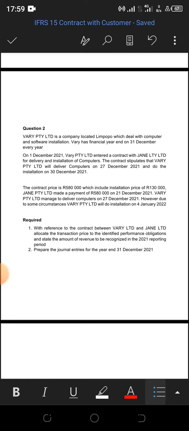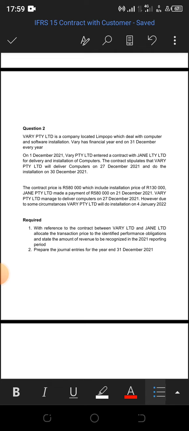However, due to some circumstances, Vari Pty Ltd will do the installation on 4 January 2022. Okay, then required, with reference to the contract between Vari Ltd and Jane Ltd, allocate the transaction price to identified performance obligations and state the amount of revenue to be recognized.